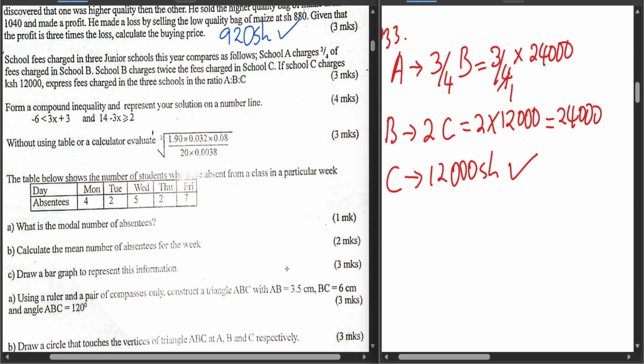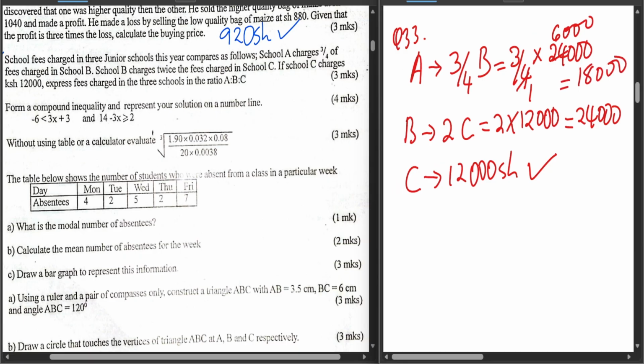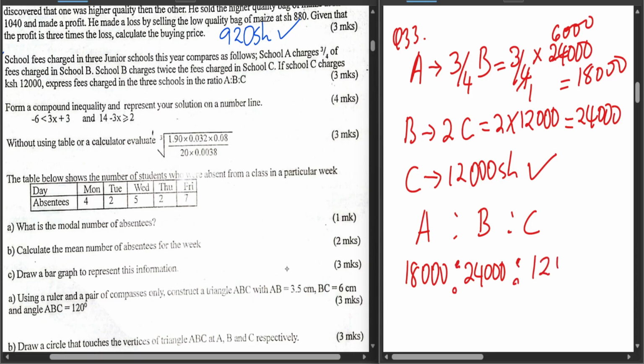So 24,000 divided by 4 is 6,000. 3 times 6,000 is 18,000. So we got the fees: A charges 18,000, B charges 24,000, and C charges 12,000 shillings.